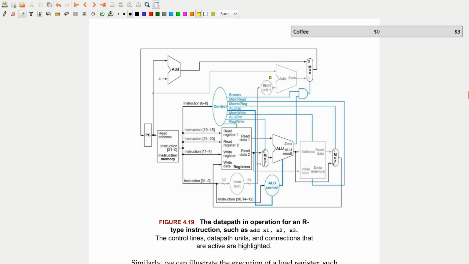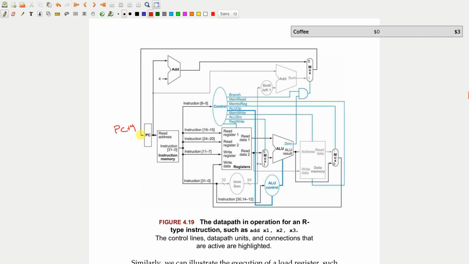So we're not branching, so we never have to worry about using this target calculation. So we can first look at the program counter. For the program counter, we're just going to add 4. It's going to be 0. And the next PC value on the next clock edge will just be PC plus 4.